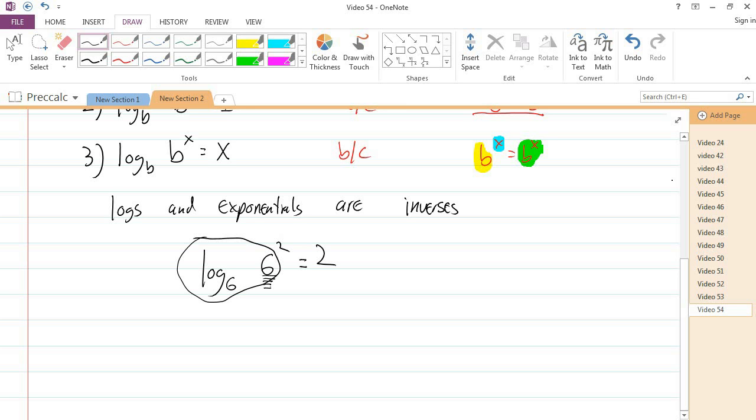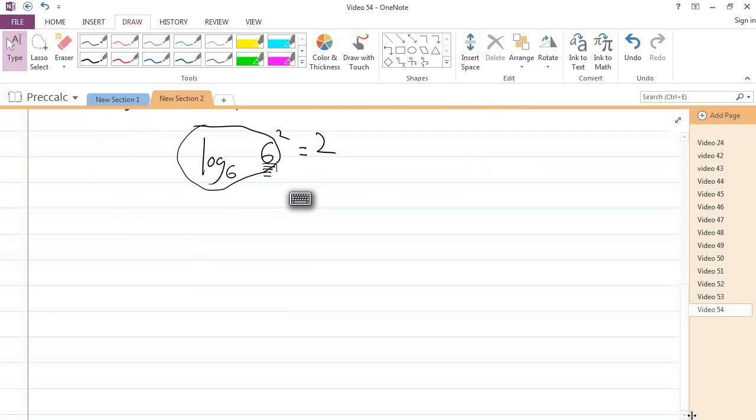Now, the catch is that the base of the log has to match the base of the exponential. More importantly, guys, if you recall back when we talked about radicals, one of the things that I said was the act of raising a number to a power has two different kinds of inverses.